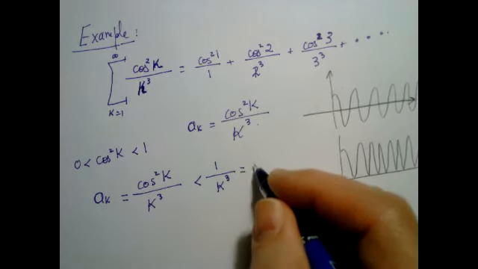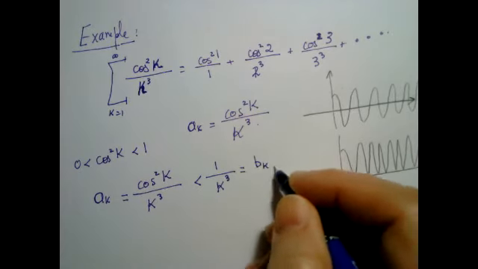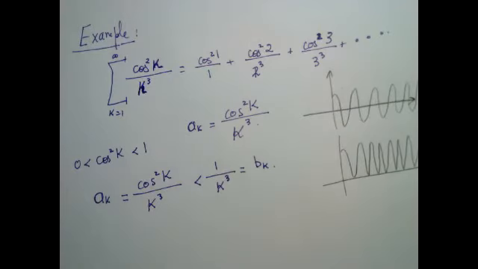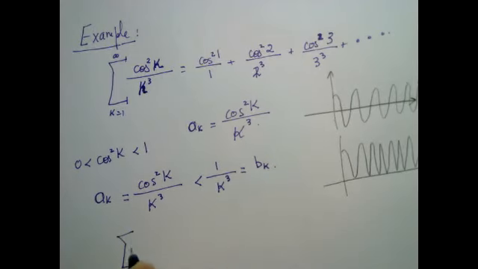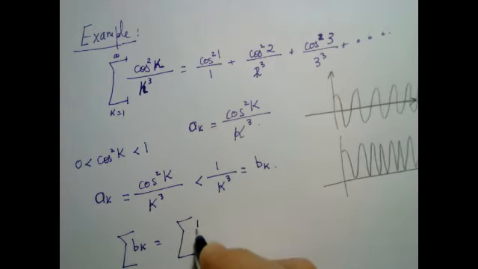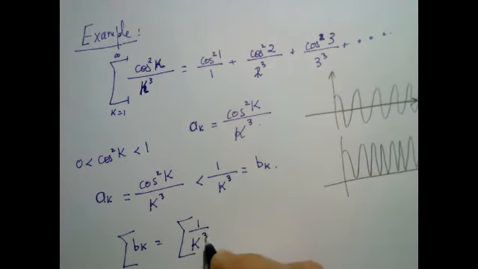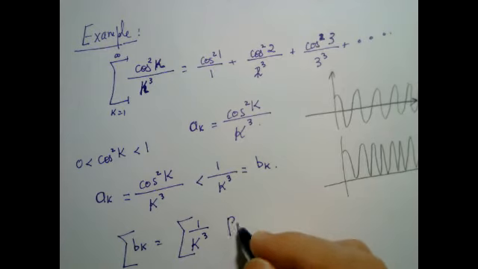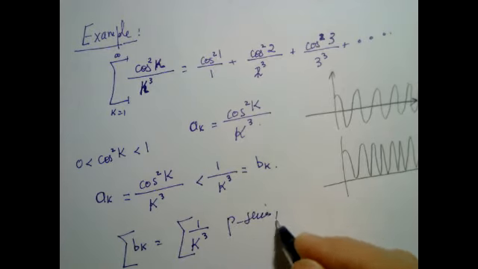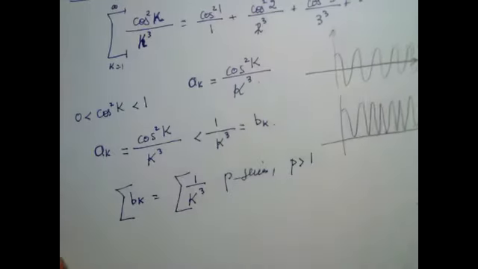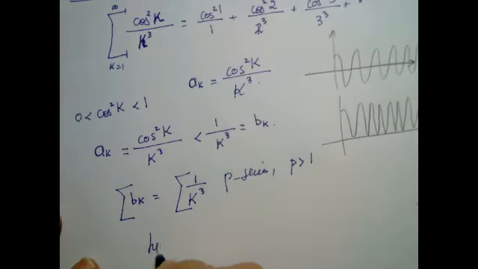Now the b_k I would like to compare it with: a_k is always less than b_k. Now, the sum of b_k, which is the sum of 1 over k to the power 3, is a p-series with p bigger than 1. It means the sum of b_k will converge by the integral test.